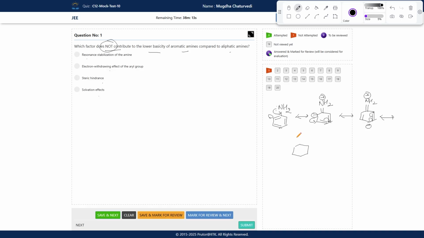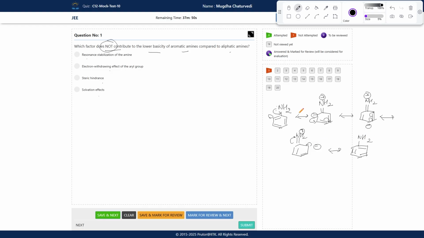So this will be double bond NH2 plus, and here I will have a negative sign. And if I draw the last resonating structure, this will go here and this will go here. So these are the resonating structures of aniline.